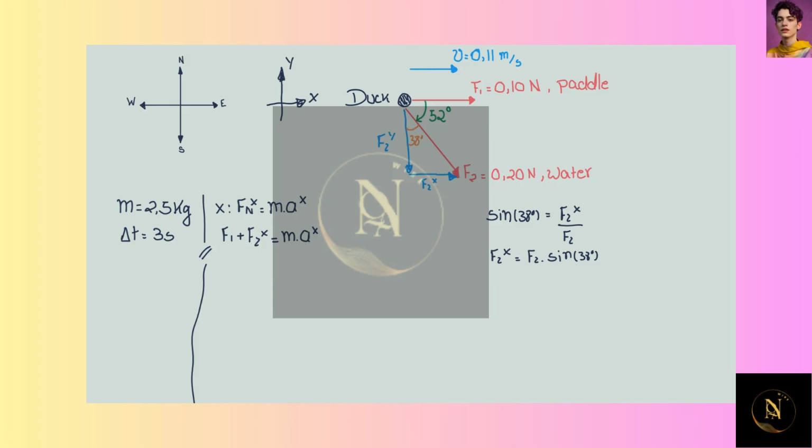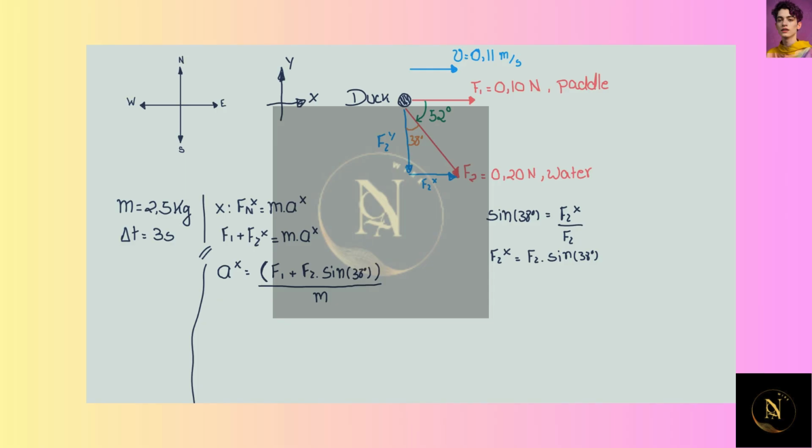Then, using that result in the expression for the second law, we get that the acceleration in the x direction is given by F1 plus F2 times the sine of 38 degrees, divided by the mass of the duck.